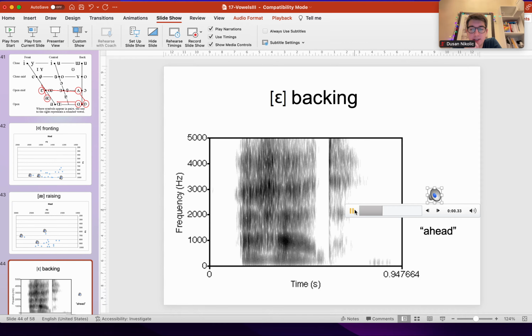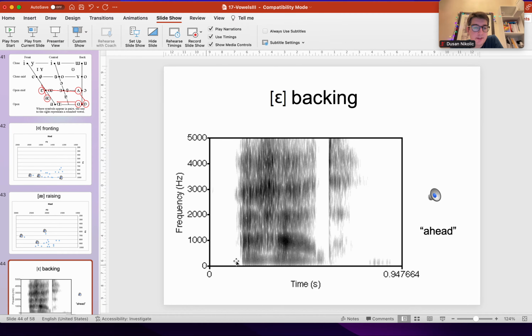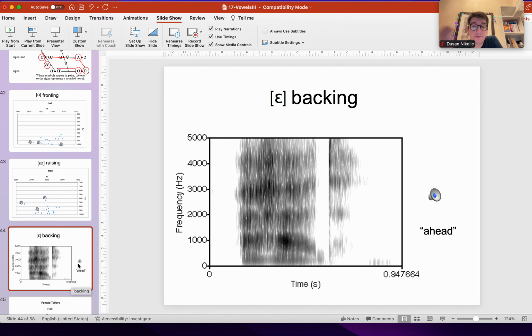So in ahead, you have a vowel that's more like wedge, or somewhere in this vicinity. All right, and it looks like this where we see the lowering of F2, right? F2 is being lowered, and that's what it means for our vowel to back up, right?